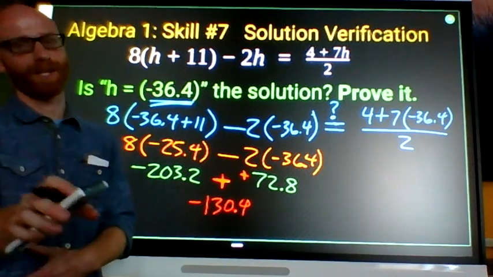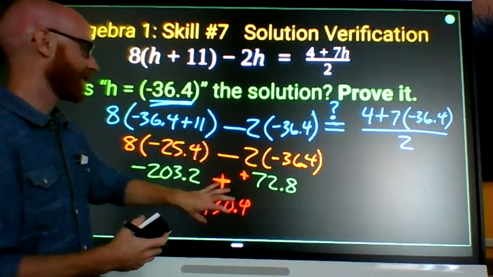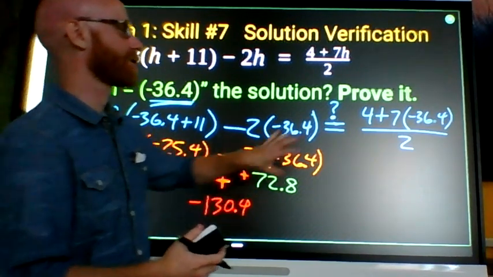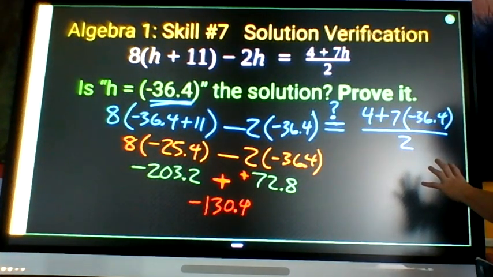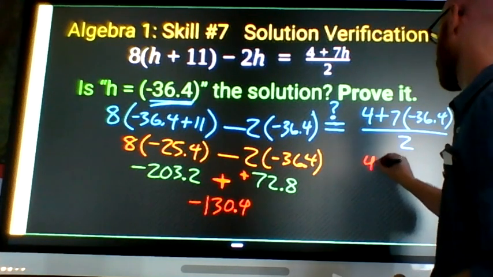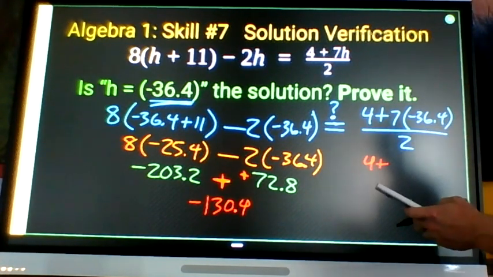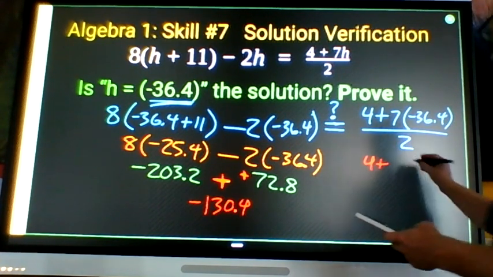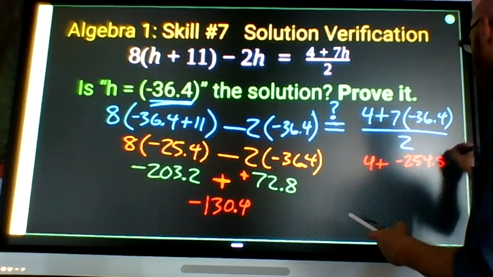Okay, but I'm not done because my question is, does this answer match what's on the other side of the equation? Over here we've got 4 plus 7 times negative 36.4, which is negative 254.8.